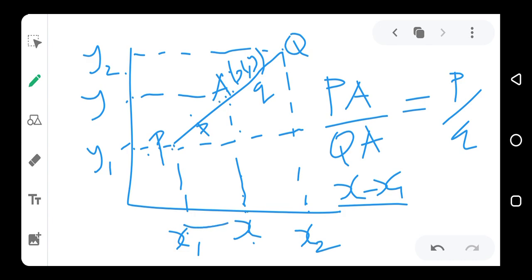Then for this side, QA is x2 minus x. So this is equal to the ratio given, which is P over Q.